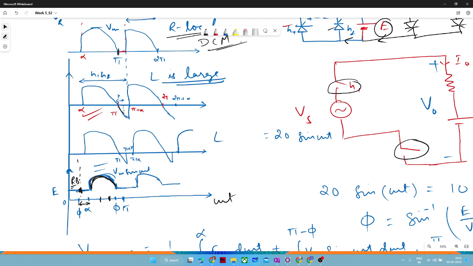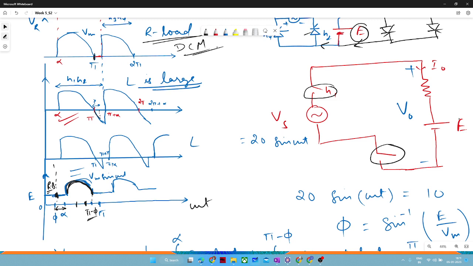At this pi minus phi instant, the back EMF E of this battery will be greater than your supply Vm sin omega t.